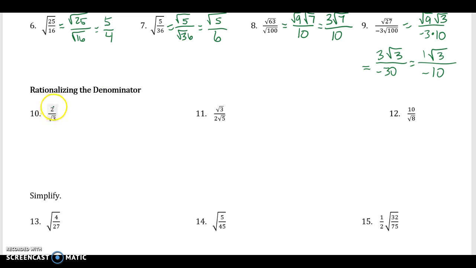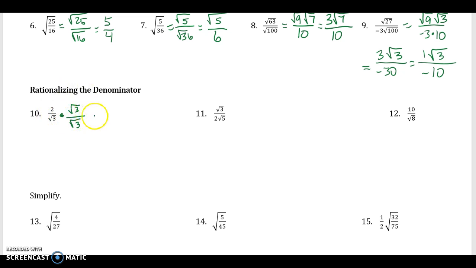So in this one, 2 up top in the numerator, square root of 3 is in the denominator. This is not a perfect square, nor does it have any perfect square factors. So we are going to multiply this by 1. You can multiply anything by 1 without changing it. The form of 1 that we are going to choose is the square root of 3 over the square root of 3. So anything divided by itself is 1. So basically, I am just multiplying this fraction by 1.